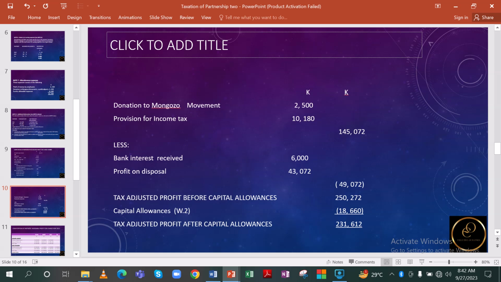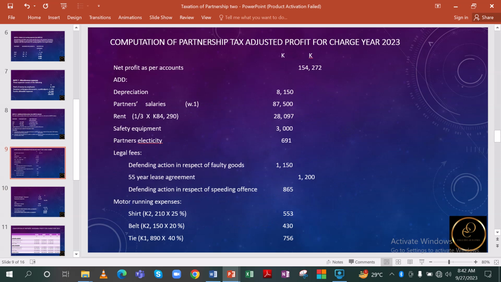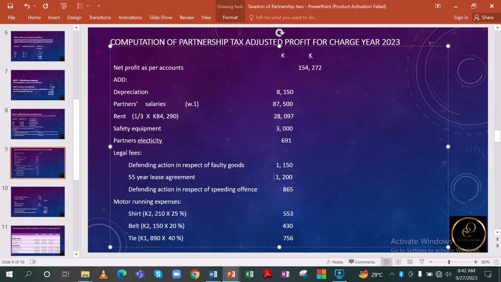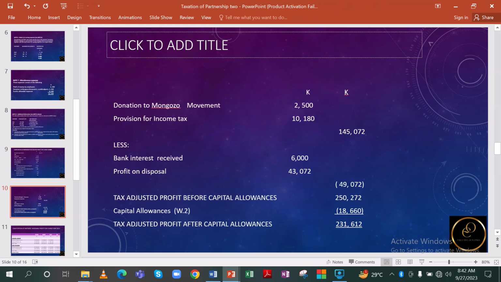So when we add that, what we are going to have is 145,072.